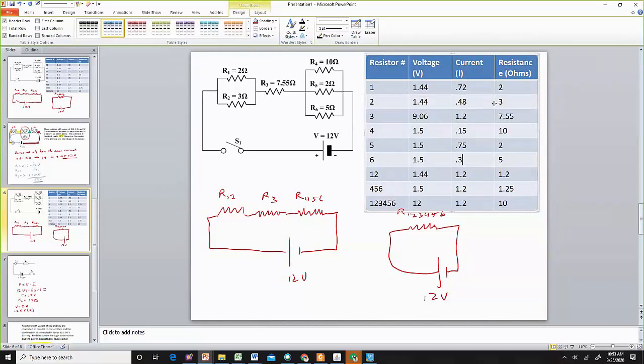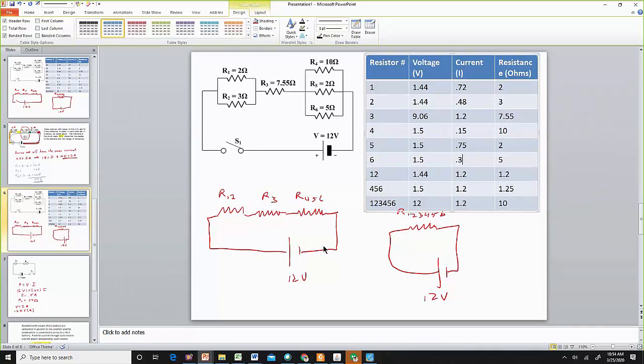So that's the process we need to go through. I highly recommend setting up this table. Some other teachers teach it a different way, without a table. Whichever way you choose, the hardest part about this thing is being organized. A lot of people will say, hey, I don't need to redraw these pictures like I did here.